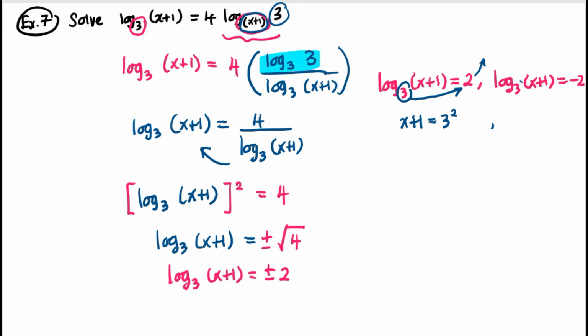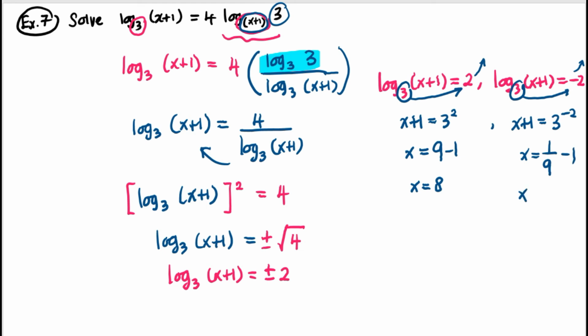For the other, you bring this as a power, so x plus 1 is equal to 3 to the power of negative 2. Now x is equal to 3 to the power of 2, which is 9, minus 1. Therefore, x is equal to 8. Another answer will be x equal to 1 over 3 to the power of 2, which is 1 over 9, minus 1. Therefore, I will have negative 8 over 9.